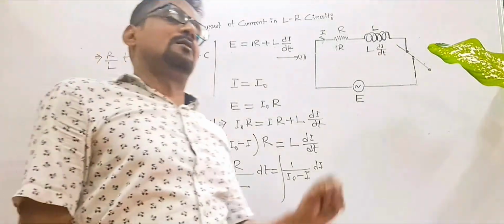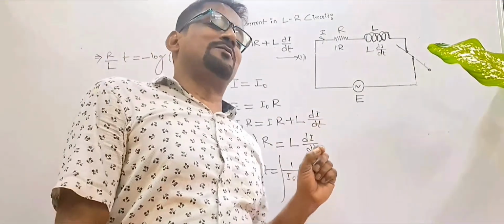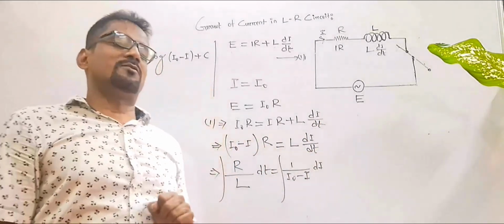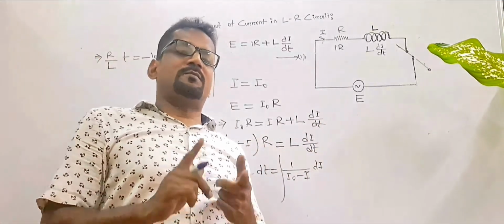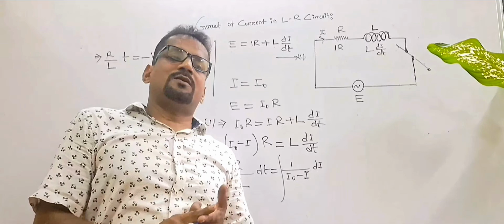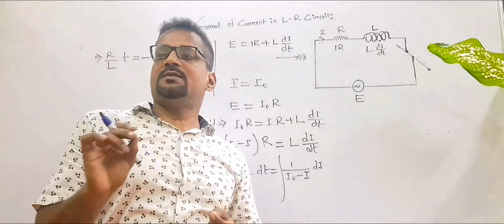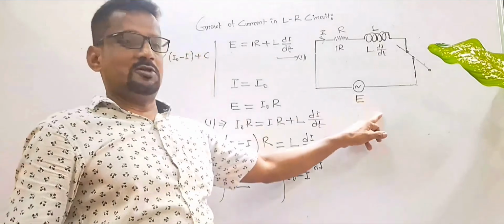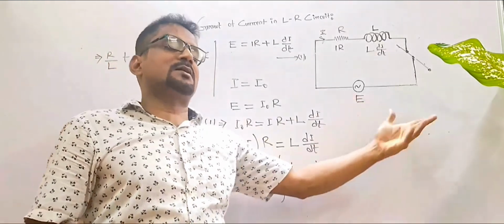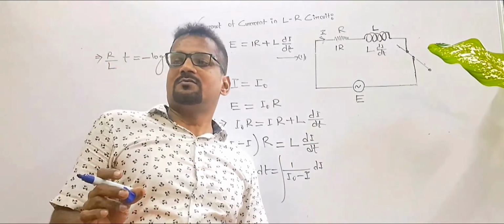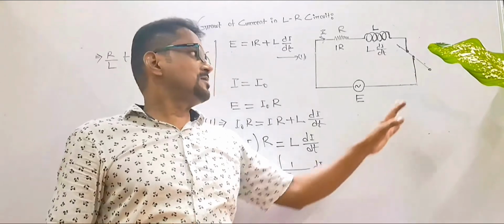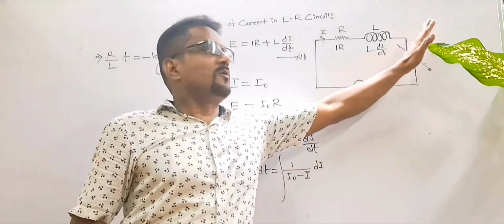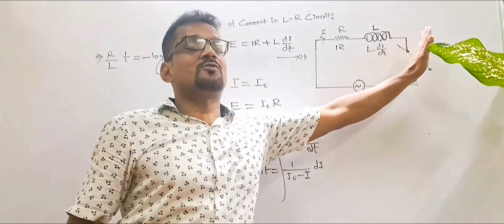Now you are to find out the value of c, that is the constant of integration. Remember, the value of c is always calculated from the initial condition of the circuit, that is, when t equals 0. In that case, current is 0. T equals 0 means the tapping key is in the release position; the circuit was not closed.